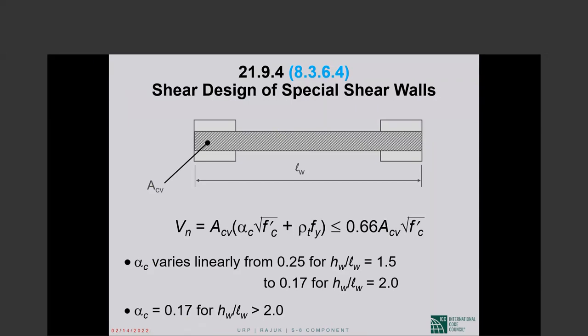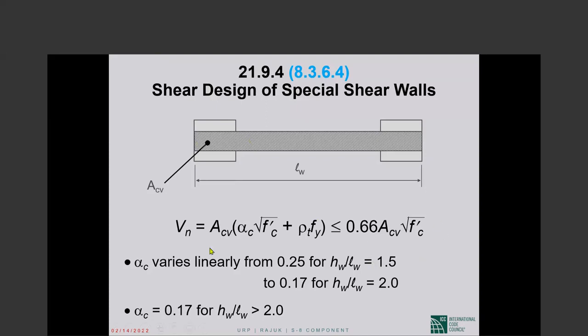If the applied load is very high, it will be transferred to the foundation through compression struts that form within the shear wall. Those compression struts will fail in compression at a shear of about 8 square root of f sub c prime. And that number cannot be improved by providing horizontal shear reinforcement because it's compression crushing. This is why we have an upper limit.